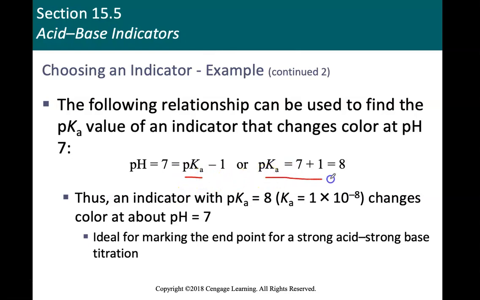So that is the preferred range of the indicator when you're looking at a pH of 7. Thus, an indicator with pKa of 8, which has Ka of 1/10⁻⁸, changes color at about 7. So this is ideal for marking the endpoint for a strong acid, strong base titration.